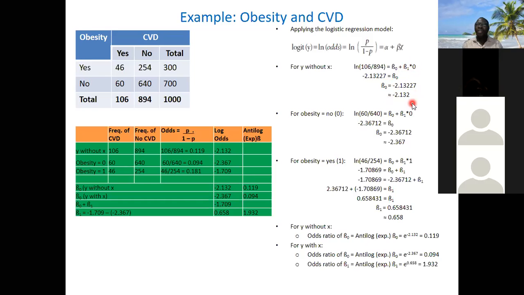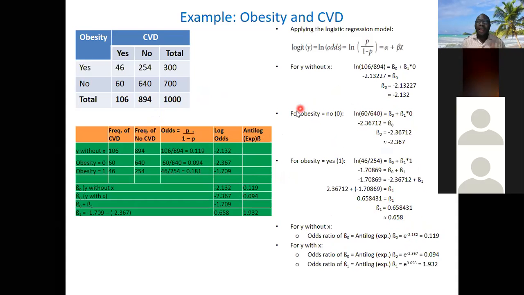What it's telling you is that the intercept is the value of y when x is not there, that is, when you are not even considering any exposure variable. If you do the anti-log of it later, you're going to see it will still go back to 0.119.